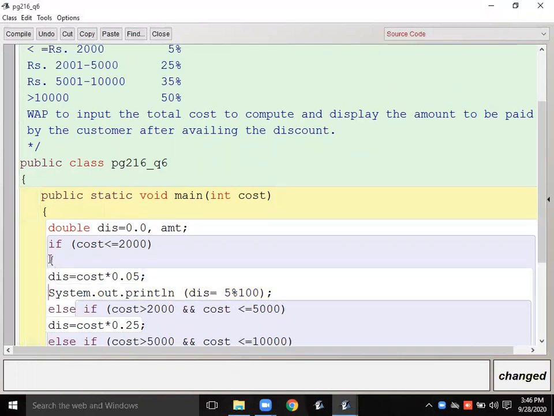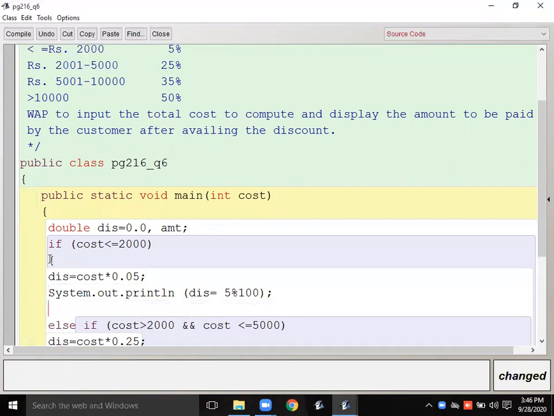If the discount equals to this, okay, then see here I'm forming another block. Why am I forming the block? Because I want to display this. So here you can write, you got the discount of 5%.